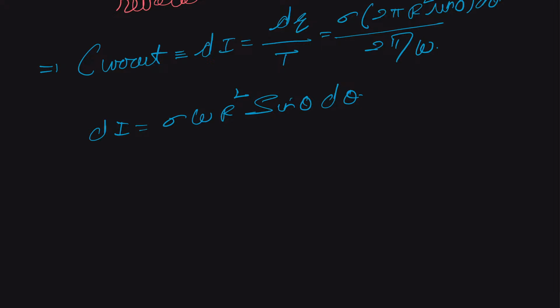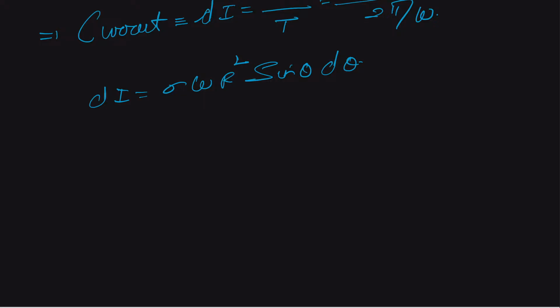And now we come to the field at the center from one ring, because we have drawn only one ring. For that we can use our Biot-Savart law for a small element, that element we have is our dl.